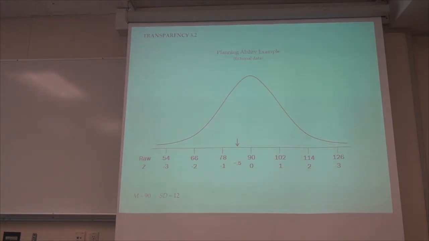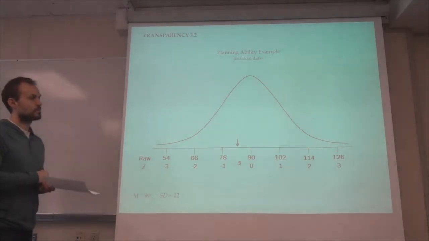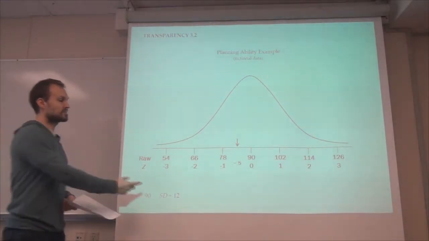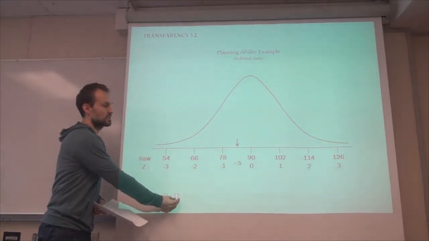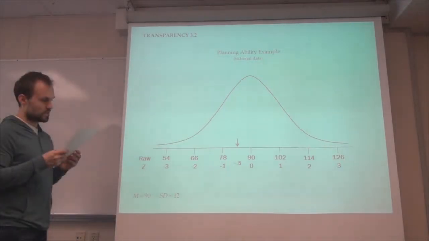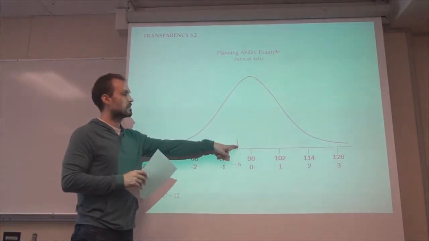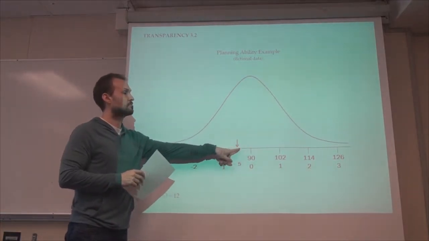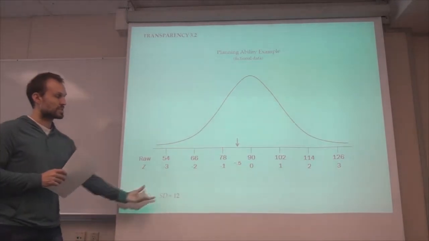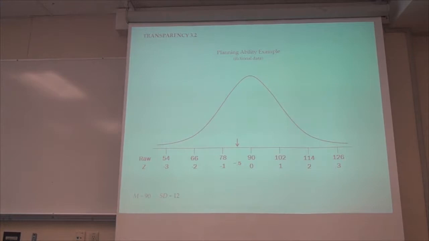Is that a big difference or not? The standard deviation tells me how far away that is from the mean. So one standard deviation unit is a score difference of 12. And if I have an 84, that is a difference of 6 below the mean. So it's half a standard deviation step below the mean.